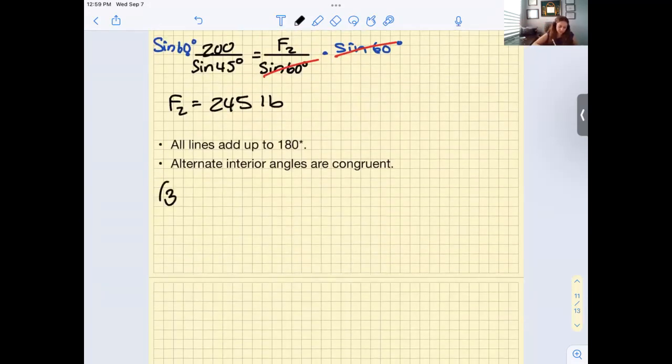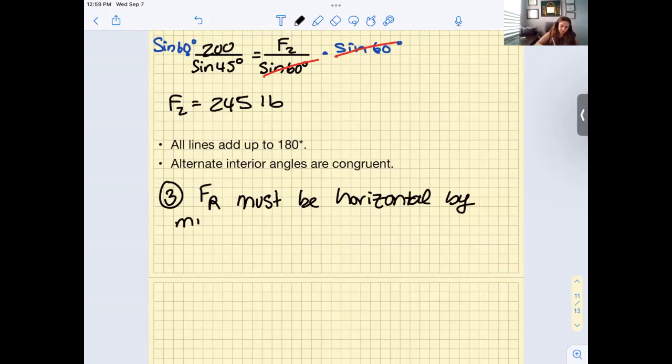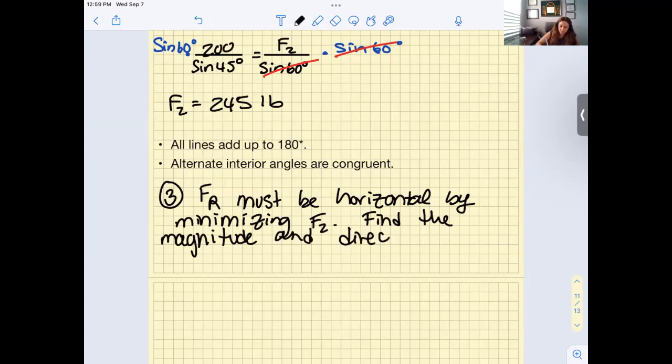Okay, let's do number 3. So number 3 says FR must be horizontal by minimizing F2. Find the magnitude and direction of each.